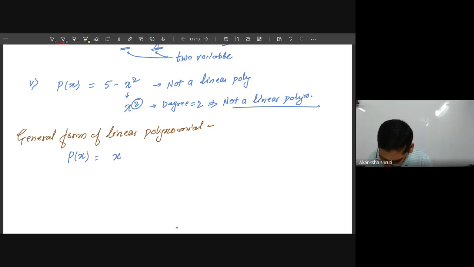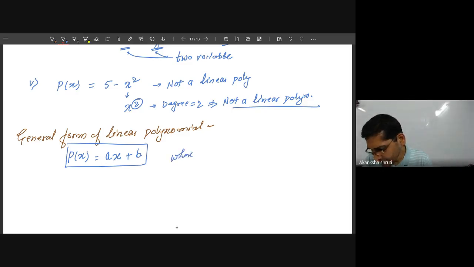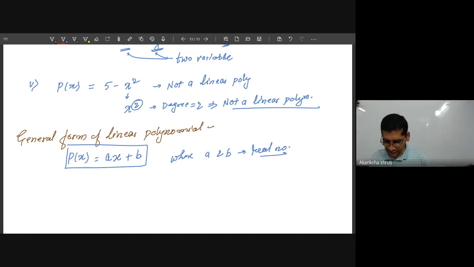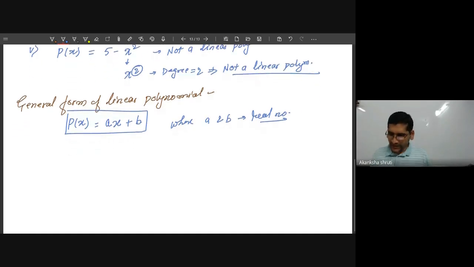It may be multiplied with some coefficient, let it be a, and it has a constant term b. So this is the general form, where a and b are real numbers. We have to keep this general form in mind. What is the general form of a real polynomial? Any real number. What is the general form of the zero polynomial? It is zero only.